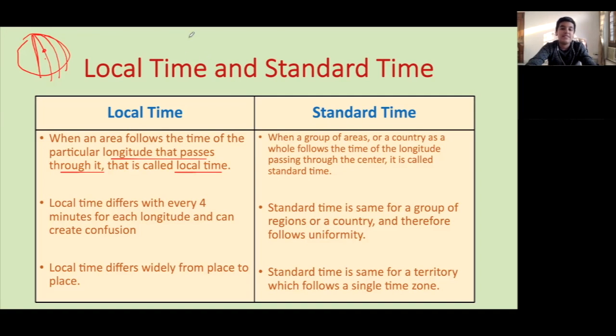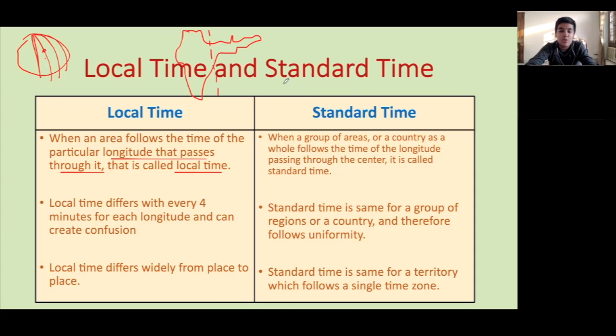So if I take India, the map of India almost looks like this. The meridian which passes through the center, almost over here, the time of this meridian will be followed by the whole country, and this type of time is known as standard time.